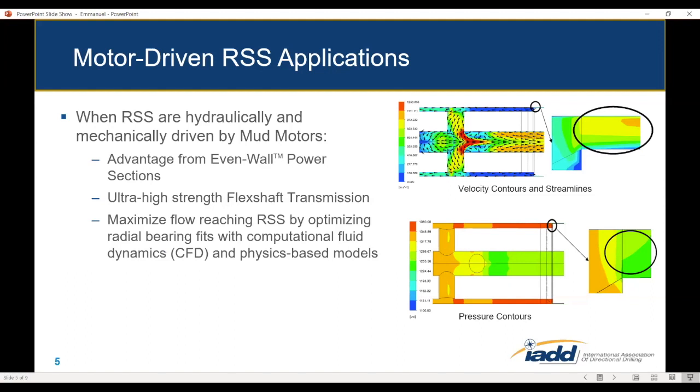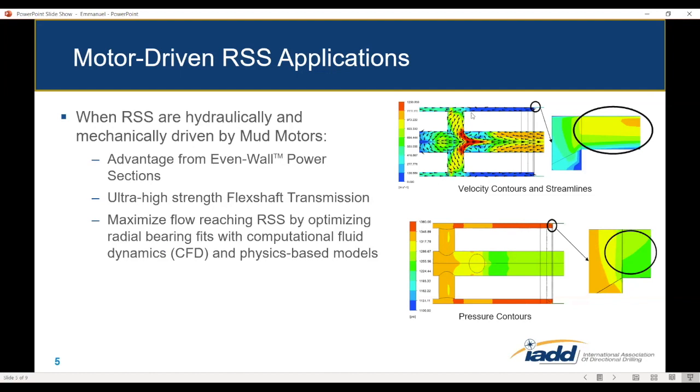We've also been seeing a lot of motor-driven RSS applications. This is not new, but it's been growing, where they have the motor driving the RSS mechanically and also hydraulically. One of the studies we've been really helping our customers with is to optimize the bypass through the radial bearings.